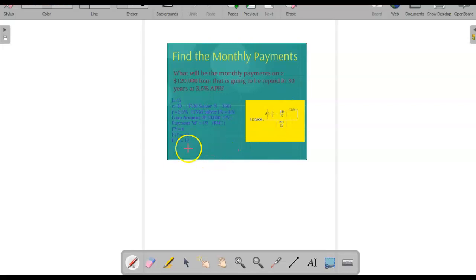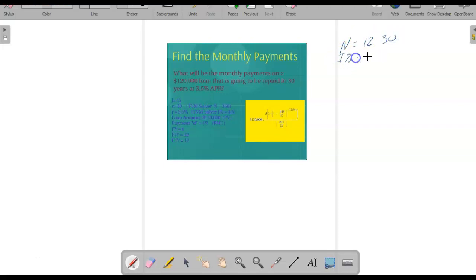So let's again write down what we've got here. It's a monthly payment, but we've got a $120,000 loan. That's the total amount that we start with. That's the initial value. We want to pay that off down to 0, and we get 30 years to do it at 3.5%. So again, N is the number of payments we're going to make, and that's 12 times 30.